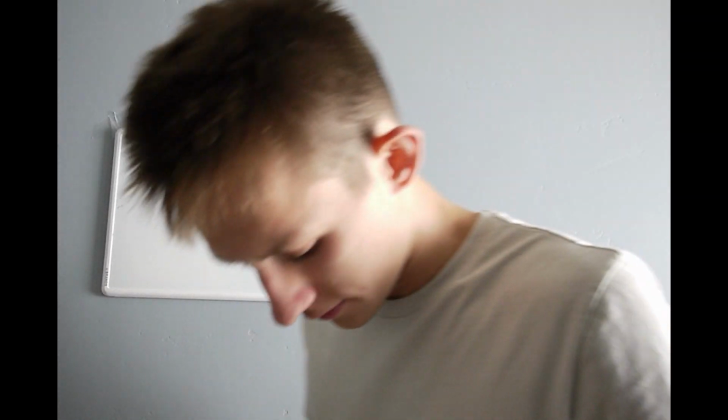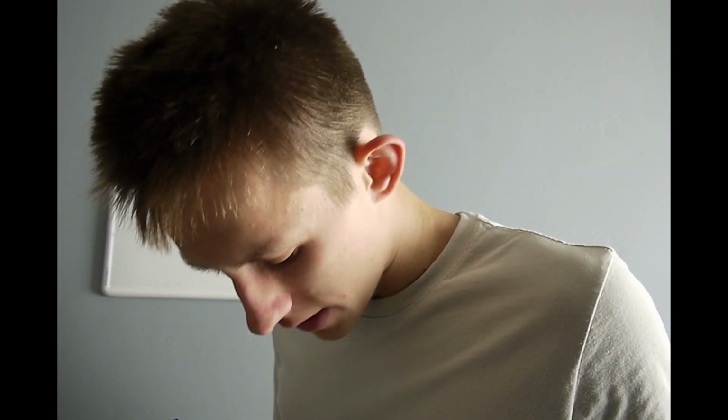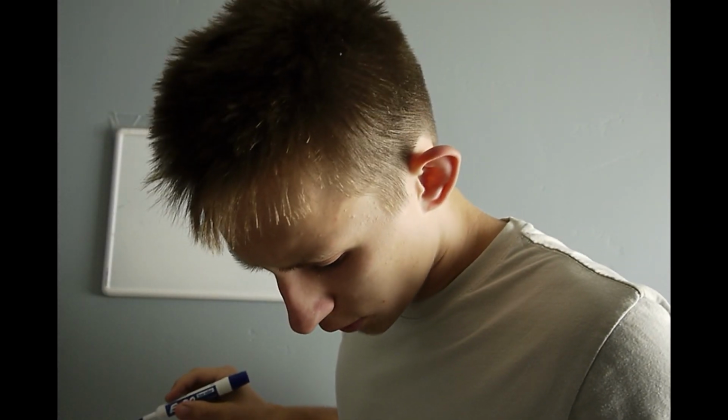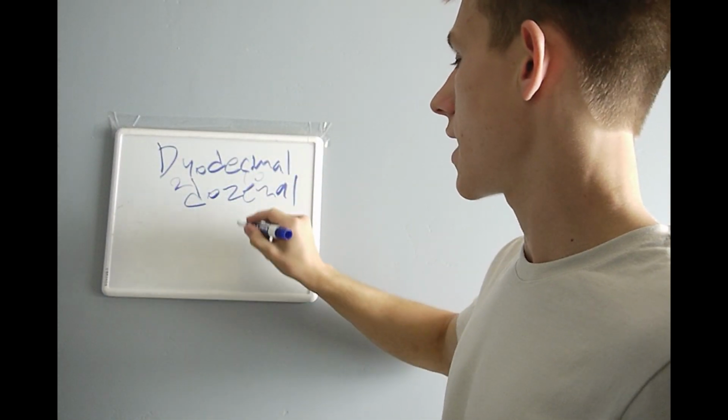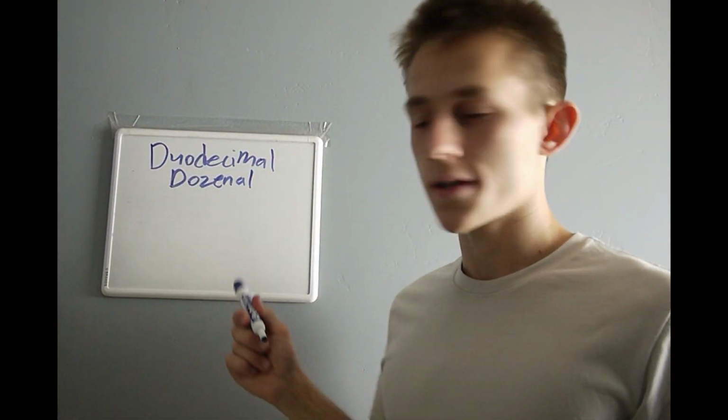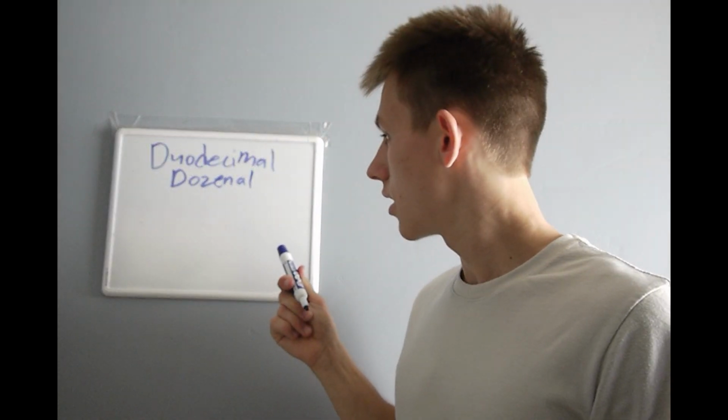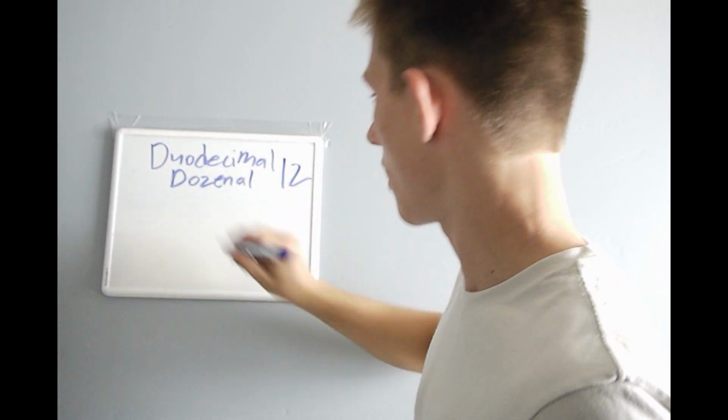We'll go to base 12, duodecimal. Duodecimal or dozenal. Duo, 2, decimal, 10, dozen, I mean a dozen. So duodecimal, I think that sounds the coolest. So it's base 12.